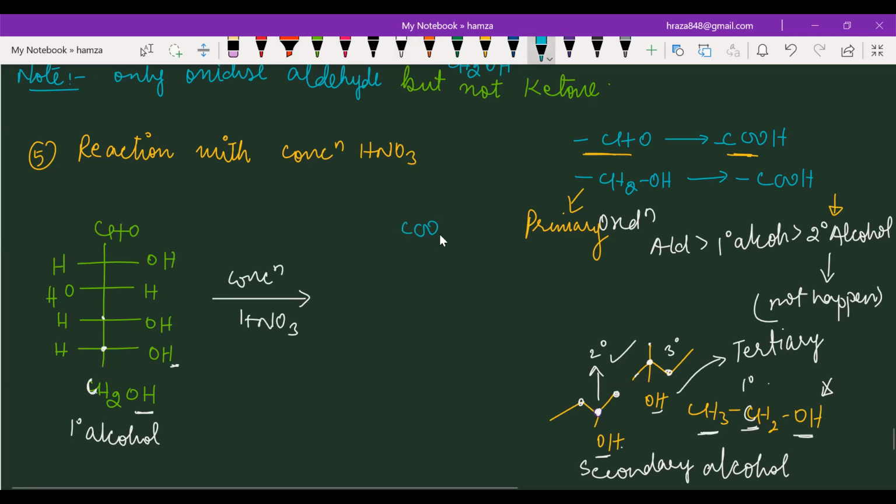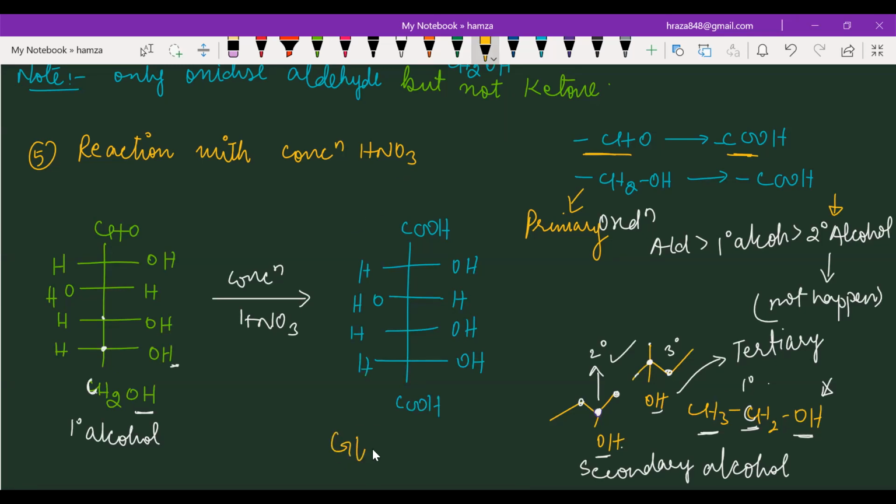Aldehyde will be converted into carboxylic acid, and this is secondary alcohol, so it will remain as it is because concentrated HNO3 cannot oxidize secondary alcohol, and this primary alcohol will be converted into COOH. So please write it, and its name is glucaric acid.